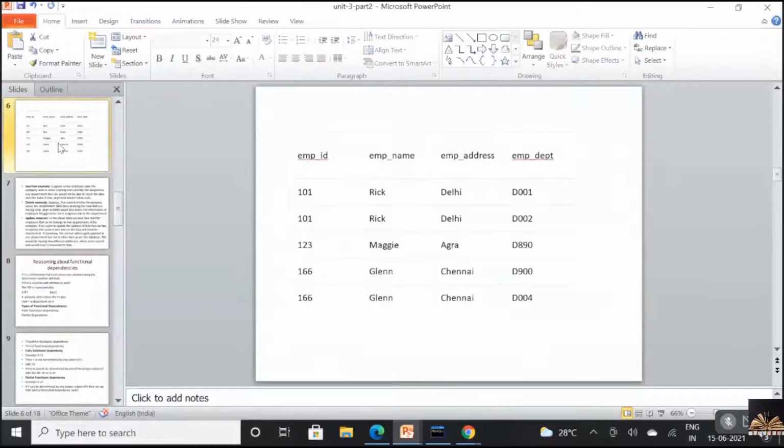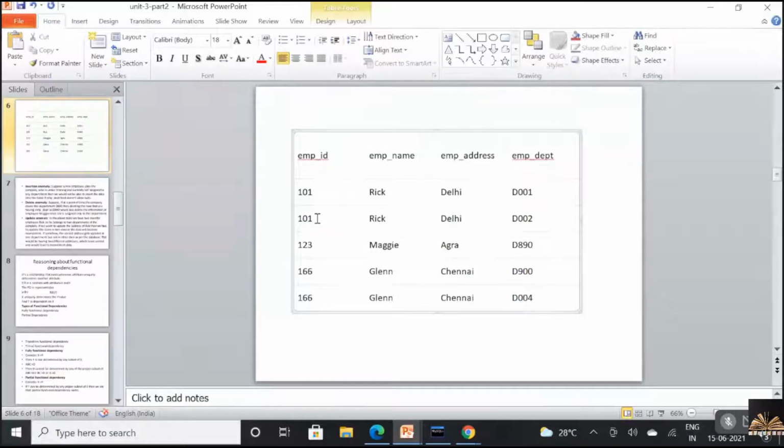Looking at the above table, I can clearly say that employee ID determines employee name. What is the name of the employee with ID 101? 101 implies Rick. If instead of Rick I had something called Suresh for 101 at another time, can you say that employee ID uniquely determines employee name?